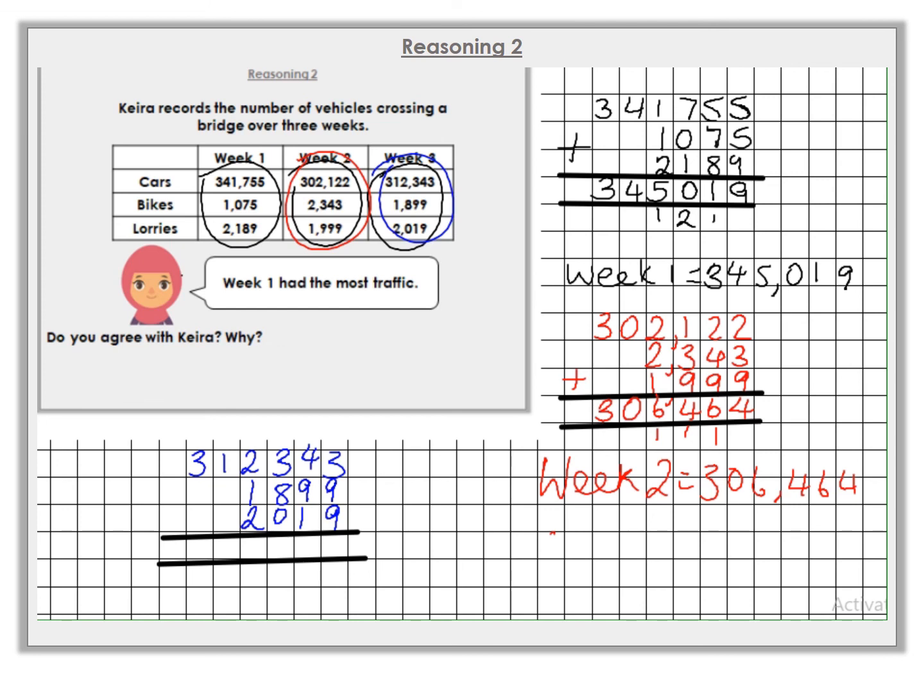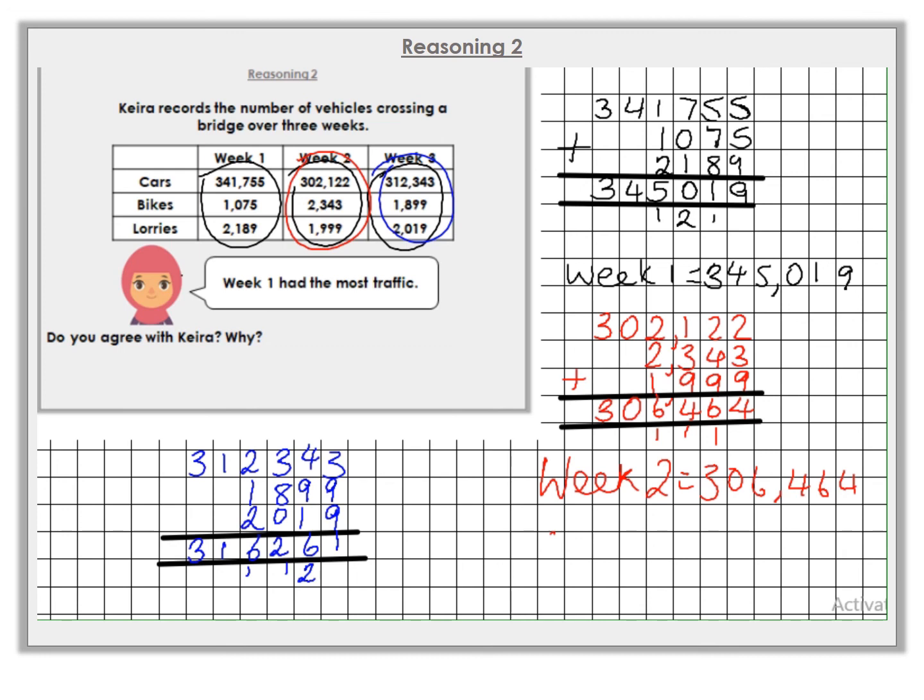3 and 9 is 12, plus 9, 21, so 1 there goes 2 underneath. 9 plus 1 is 10, plus a 4, 14, plus 2 is 16. And then 3 and 8 is 11, plus the 1, 12, 1 underneath. 2 and 2 is 4, plus the 1, 5. Add 1, 6. 1 there, 3 there.